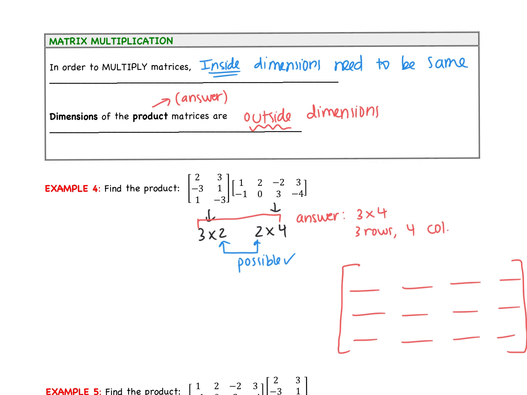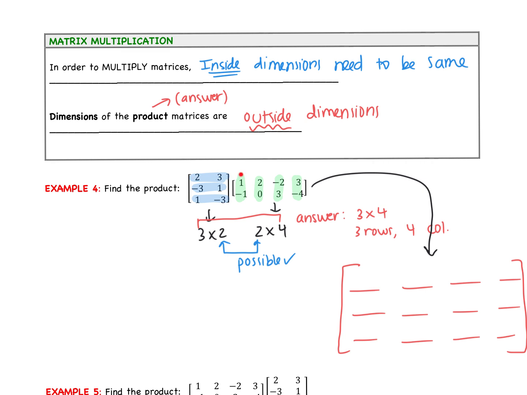Okay. This is where things are going to get a little saucy for us. Here's how you're going to multiply. You will multiply every row in the first matrix by every column in the second one. So I'm going to do this right now, and I'm going to put my work in this box. Here's how it works.